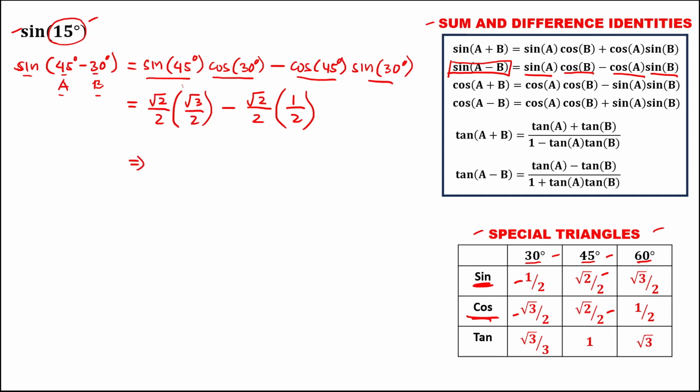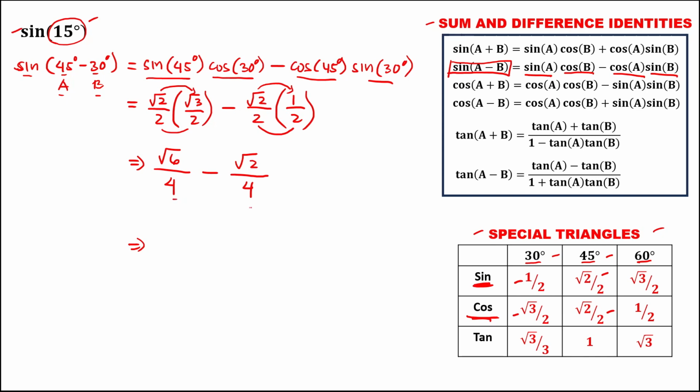Then to simplify, so multiply this square root of 2 times square root of 3. This is square root of 6, then over 2 times 2, that's 4, then minus square root of 2 times 1. So this is square root of 2, then over 2 times 2, that's 4.